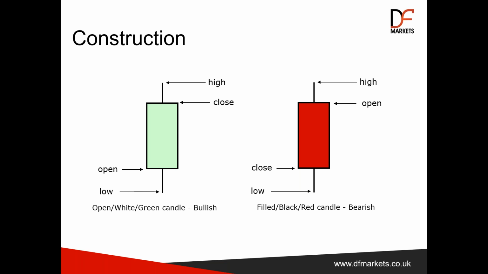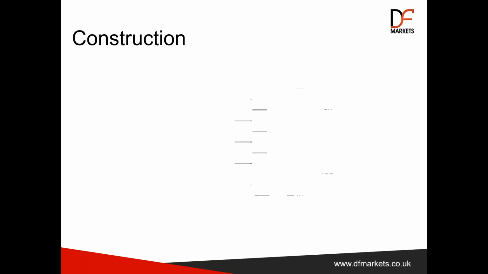Say something opens dramatically higher today compared to yesterday, and then sells off through the course of today, but still closes above yesterday's close. So it would still be up on the day. But if we opened very high and then sold off through the course of the day, we would have a red candle. So the color of the candlestick is not dependent on where we are compared to yesterday's close. It is dependent on where we are compared to where we opened, and that's an important differentiation to make.